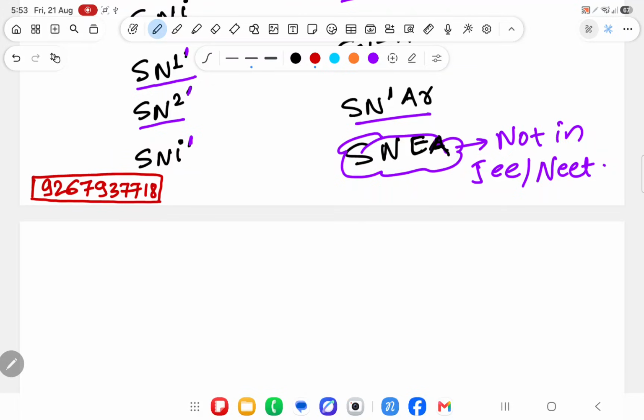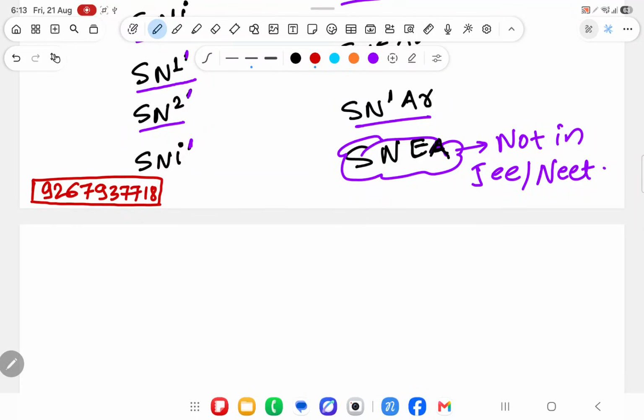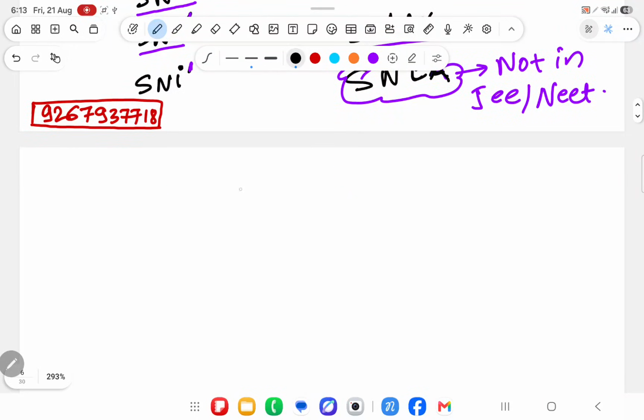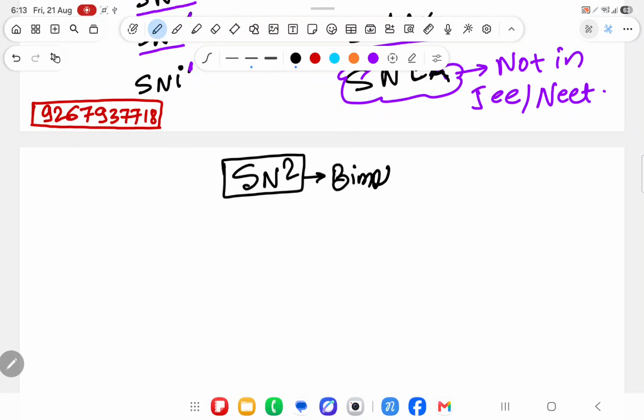Okay sirs, now we are going to start SN2. SN2 mechanism is known as bimolecular nucleophilic substitution reaction.